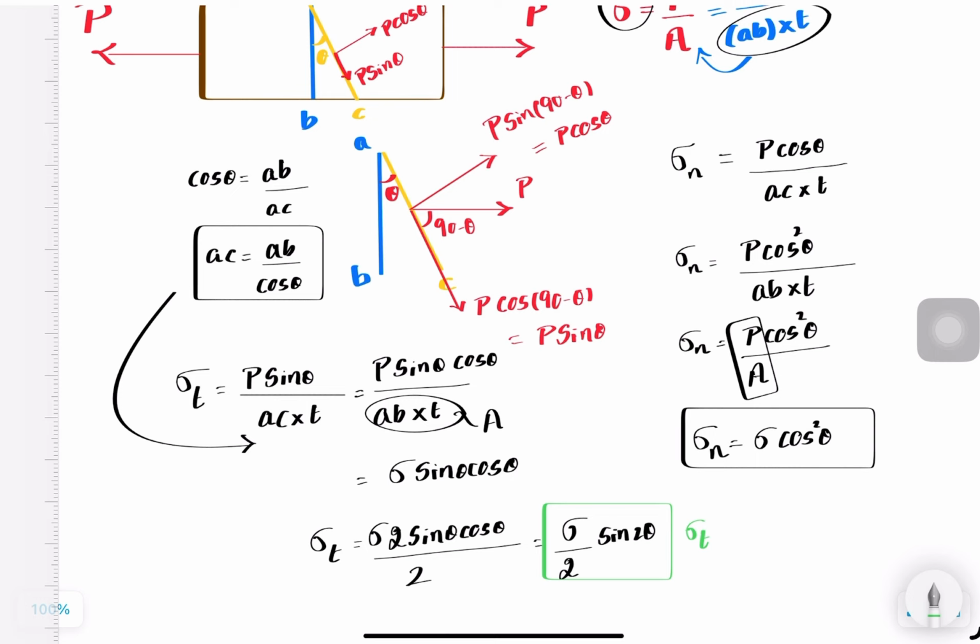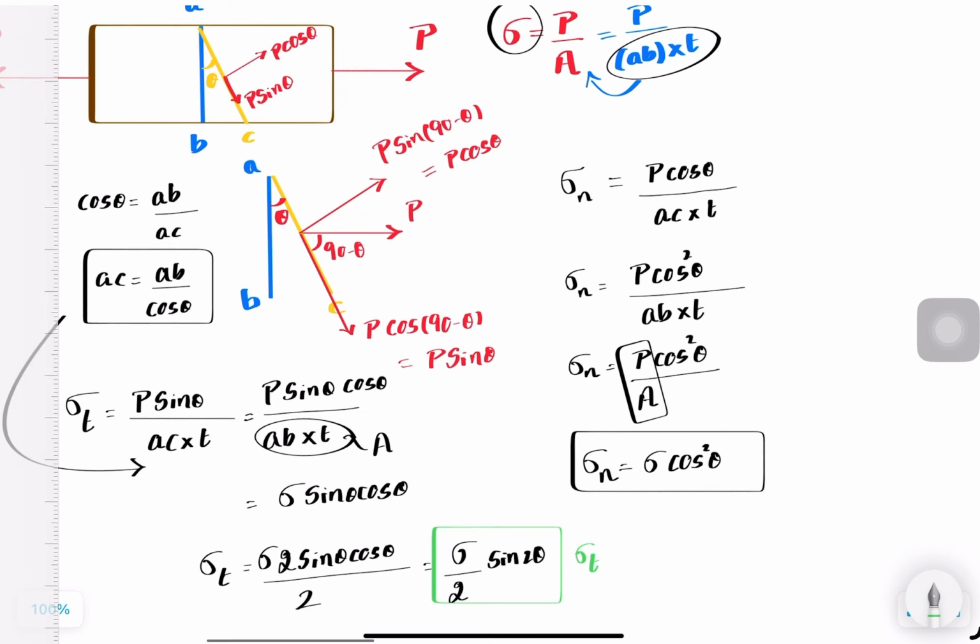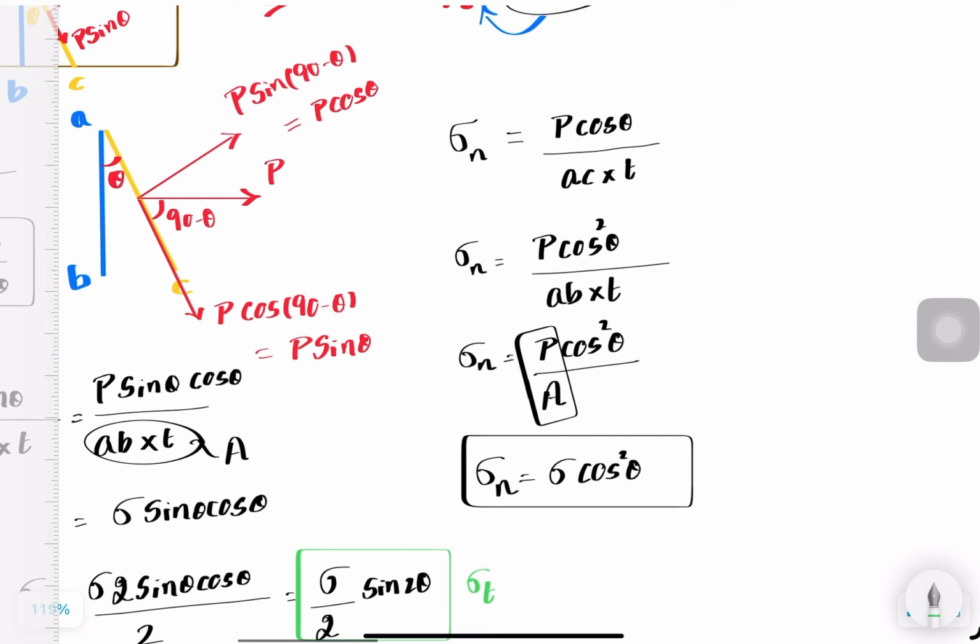Okay, fine. Now, let us push the equations to their extreme. At what value of theta is the normal stress going to become maximum? Let us try this. This is the expression for the normal stress that we have got.